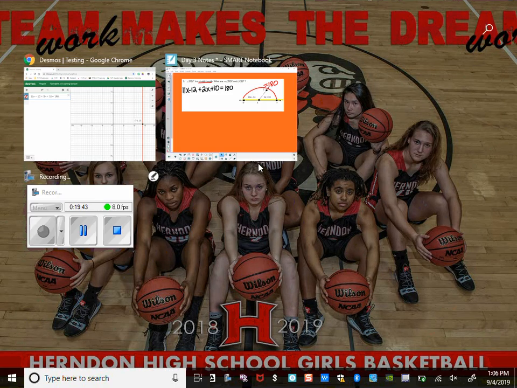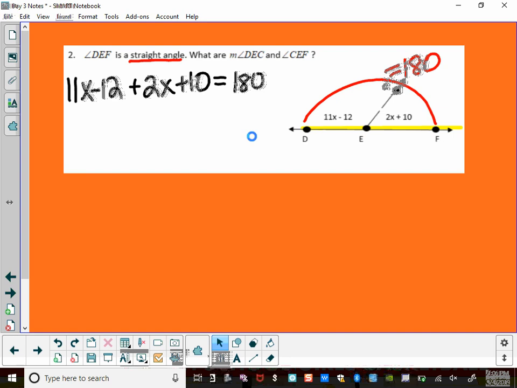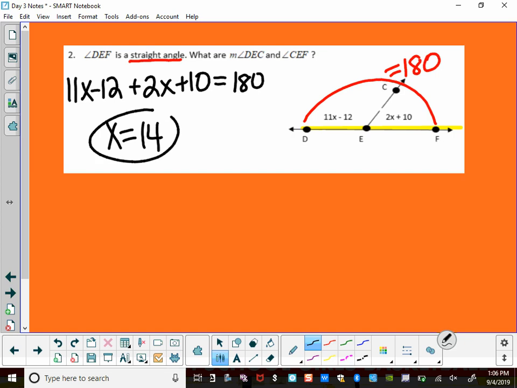So let's go back to our problem here. X is 14. How do I know what the measure of DEC will equal, and what's the measure of CEF going to equal? Plug that into your calculators. Or you can still use Desmos.